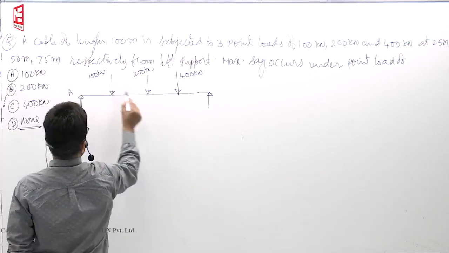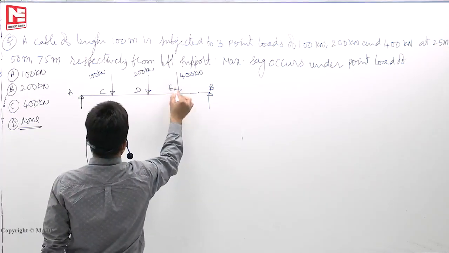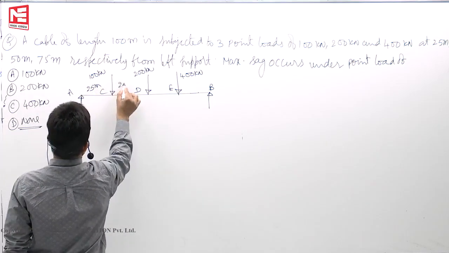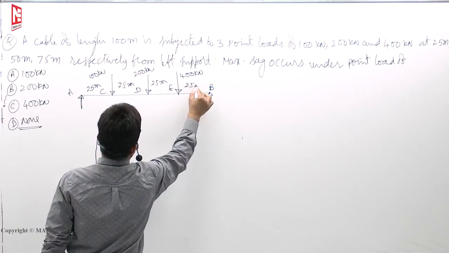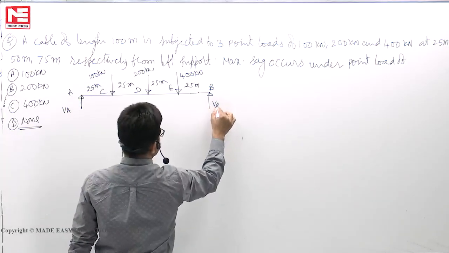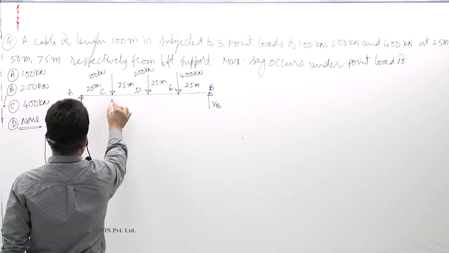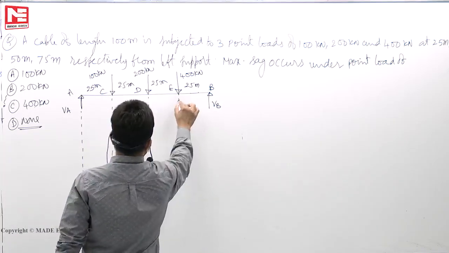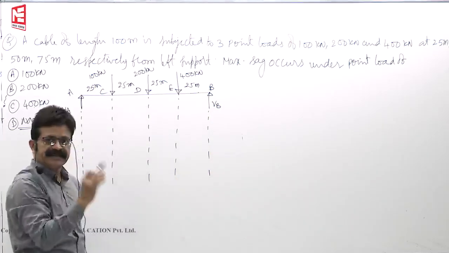Let us call the points A, B, C, D, E. The length of each part is 25 meters. This is VA, this is VB. If you draw the bending moment diagram, wherever maximum bending moment is there, at that point maximum sag also will happen.